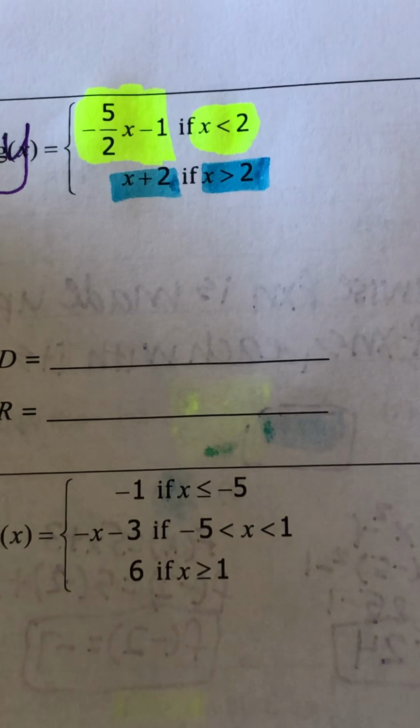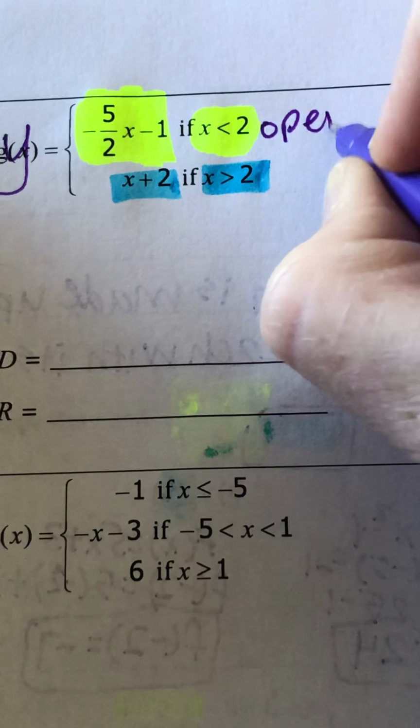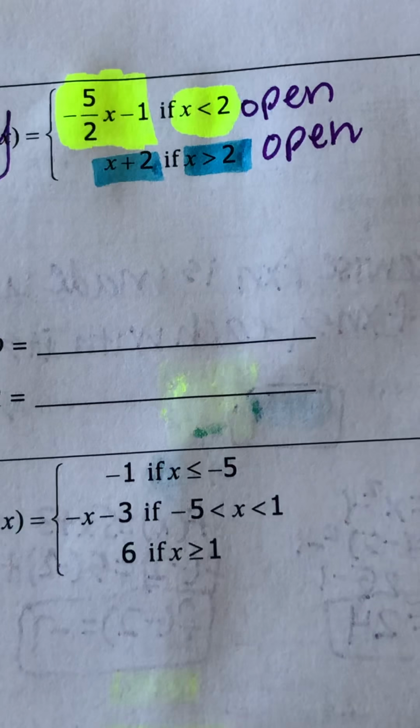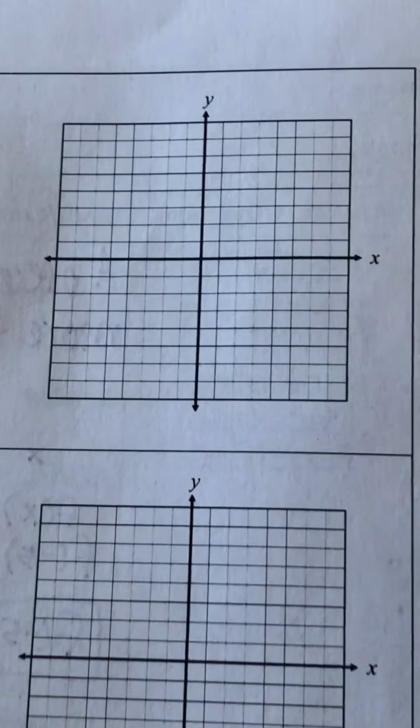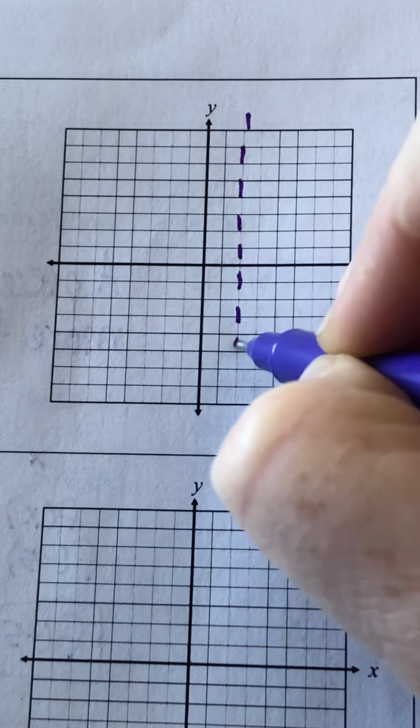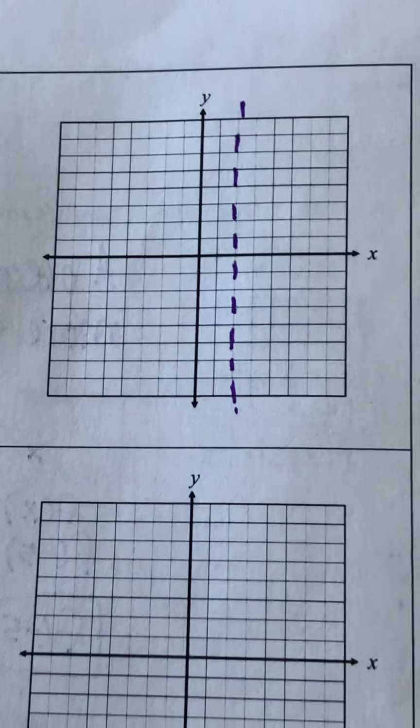And notice here, there's no equals. So these should both have an open circle at that part of your graph, okay? So I'm going to go to 2 on my graph. And this time I'm just going to split it with a little line here.